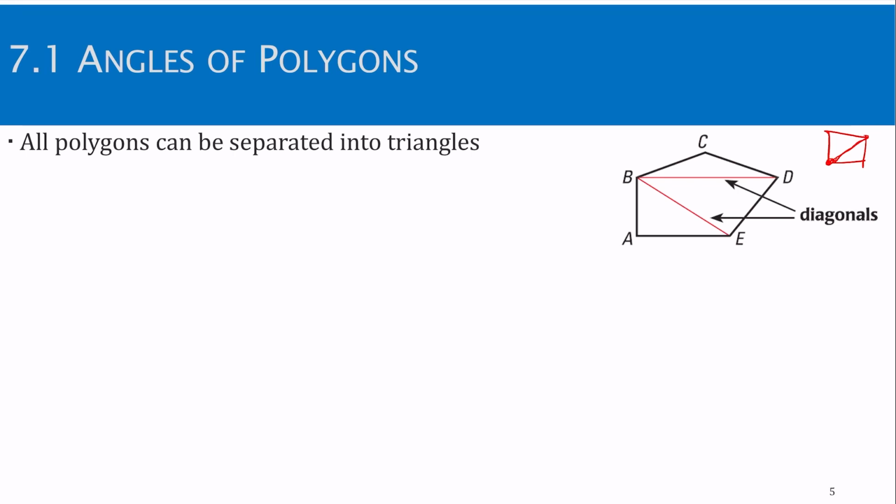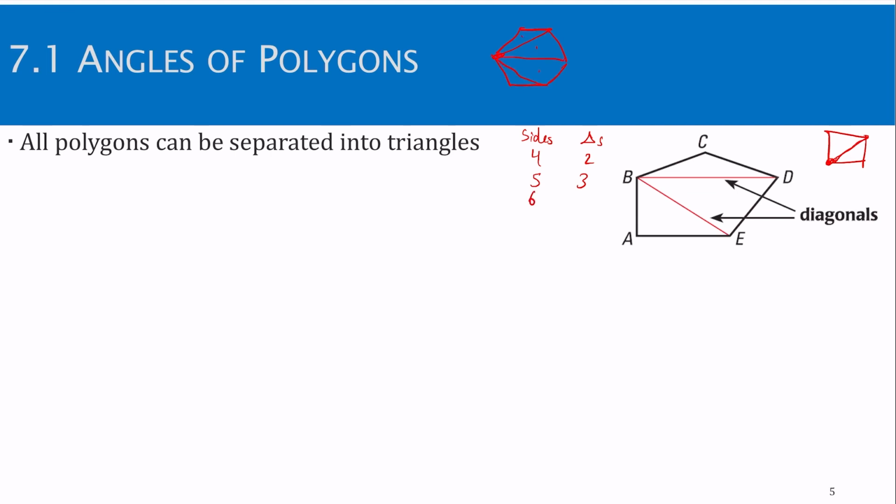Oh, hey, let's make a chart. Sides and triangles. If I have 4 sides, I get 2 triangles. The one that's already there, I have 5 sides, I get 3 triangles. Let's draw 6 sides. There's all the diagonals from one vertex.